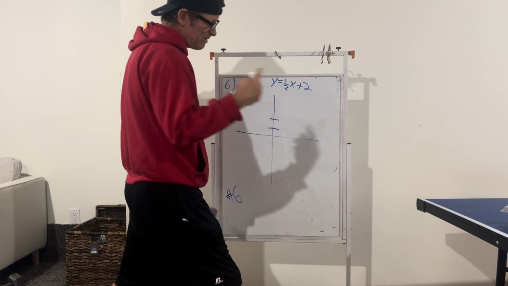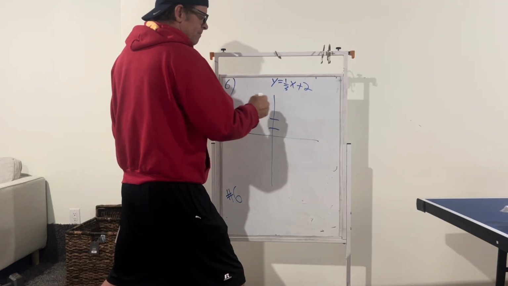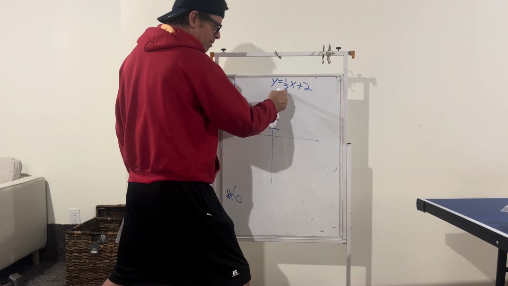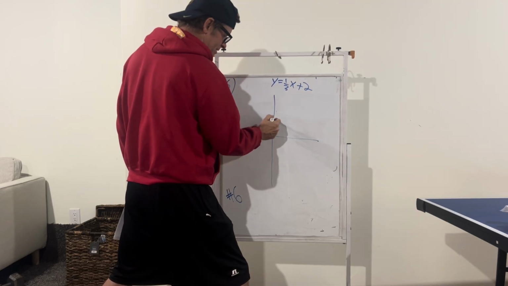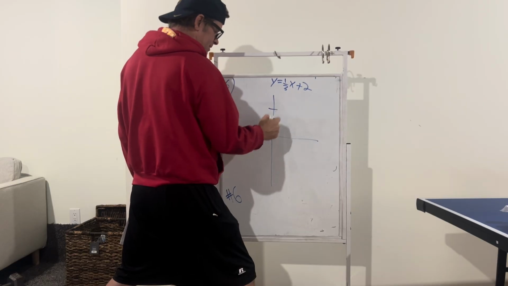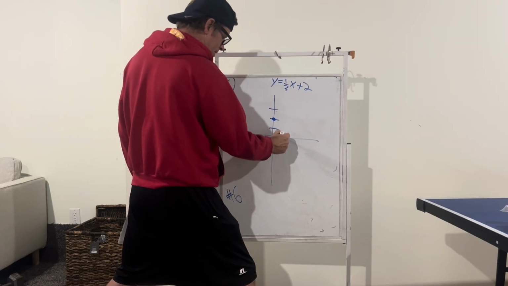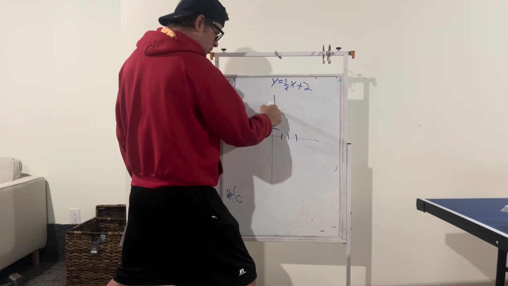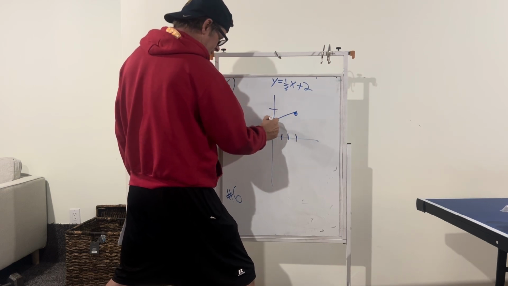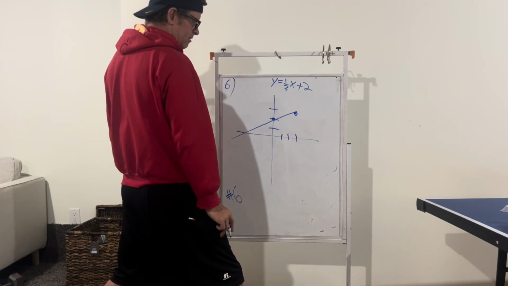Now again, we learned this last week. This is y equals mx plus b, slope x plus y-intercept. Y-intercept is 2. Slope is positive 1/3 or up 1 over 3. So like so. And it just goes on and on forever like that.